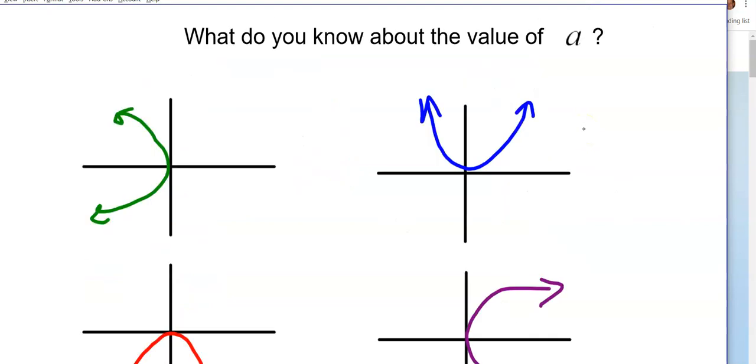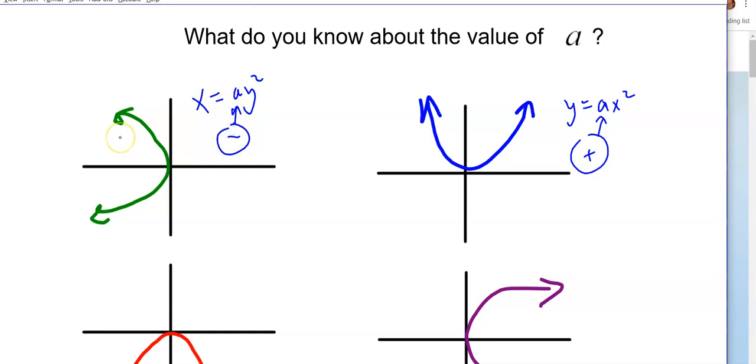I think you're getting this. You just want to make sure. So this would have to be classified as like a y equals ax squared kind of equation, like it opens up or down. I know that a must be positive because this graph opens up, or positive, in a positive direction. This graph right here would be an x equals ay squared kind of graph. And a would have to be negative because it's opening in the negative direction there.